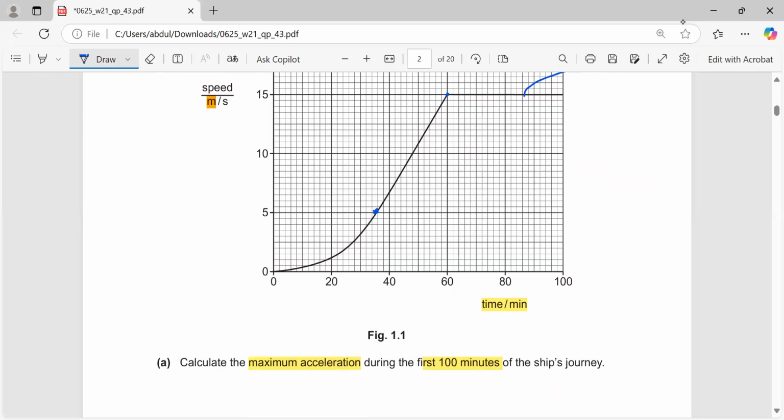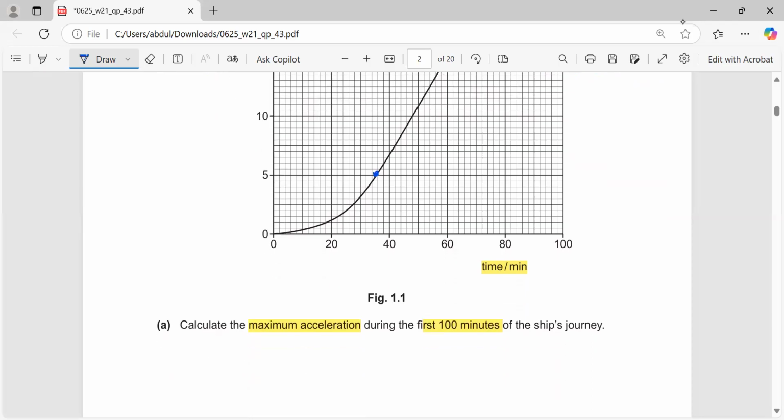So let's start. See, this is the starting time. One small square along the time axis is equal to 20 minus 0 over 10, so each small square is equal to 2 minutes.